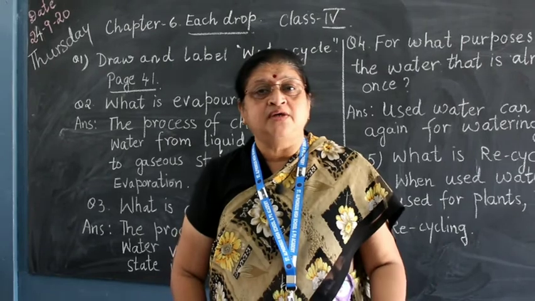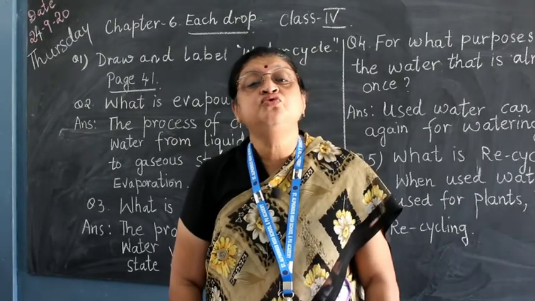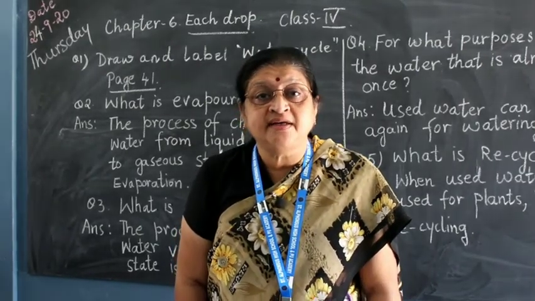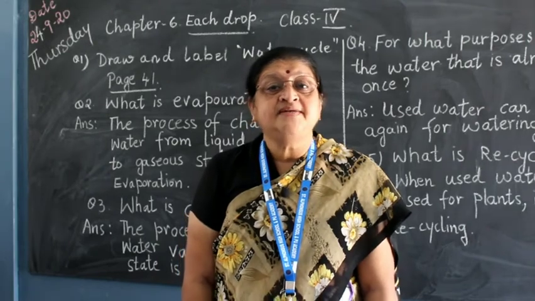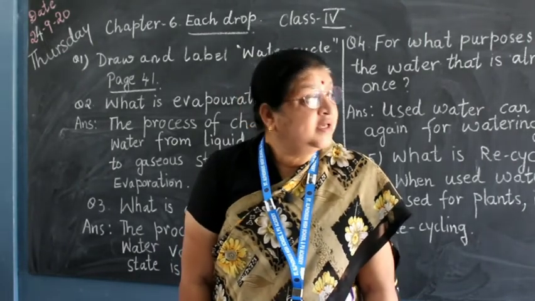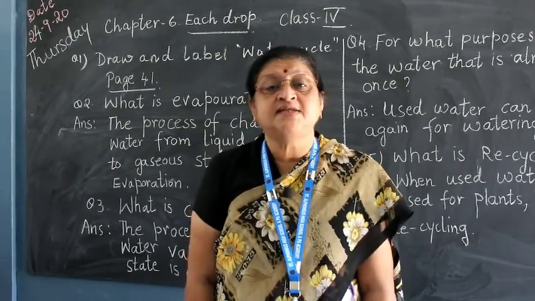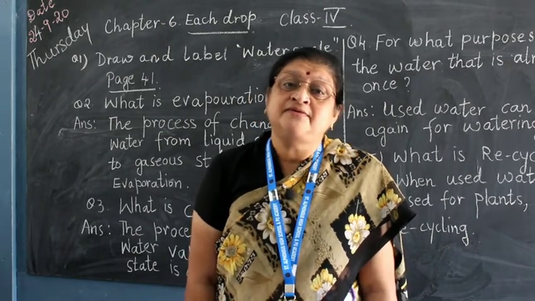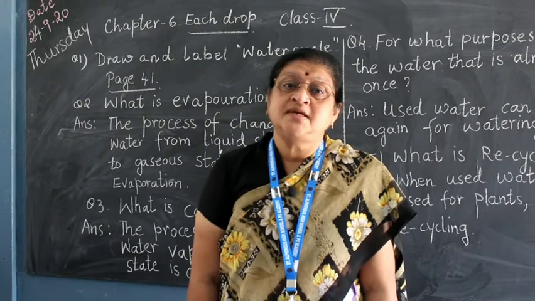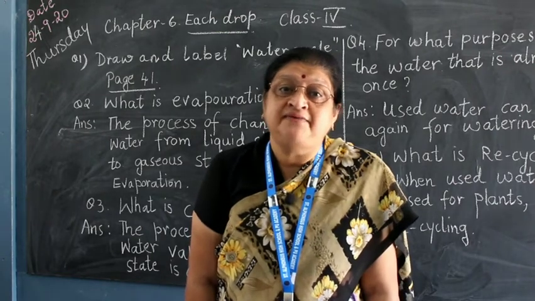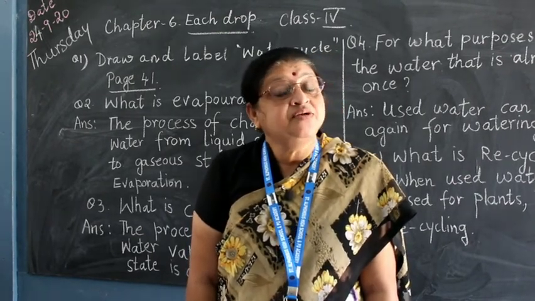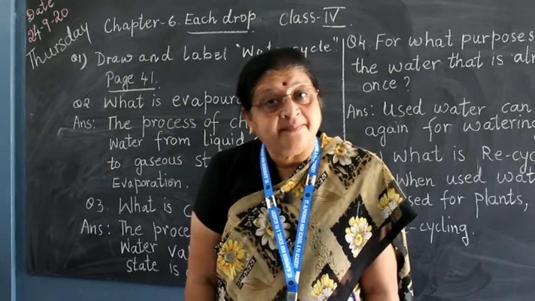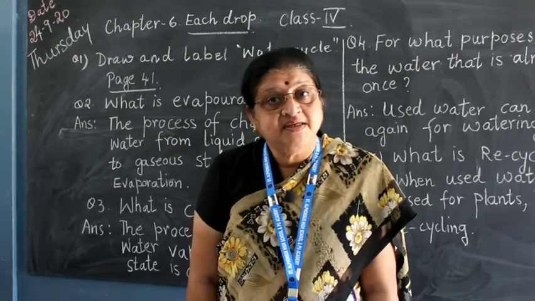When we get water, we have to use it very carefully. I know rain is given, but that is a process of the water cycle. But when water is in the form of different sources, we have to use it very carefully. Now it comes into our house through taps and pipes.